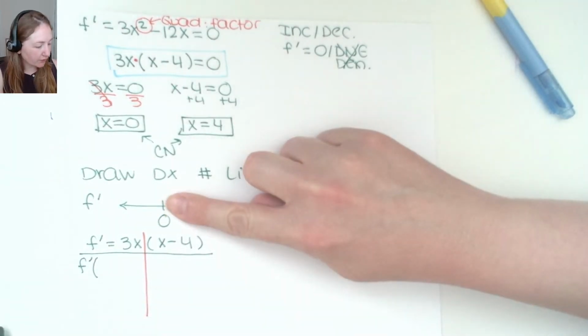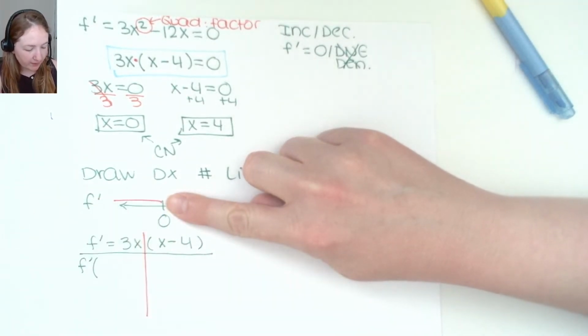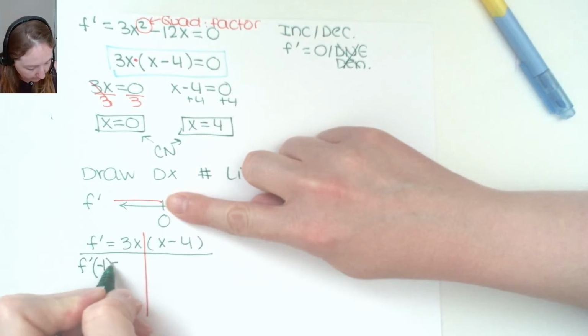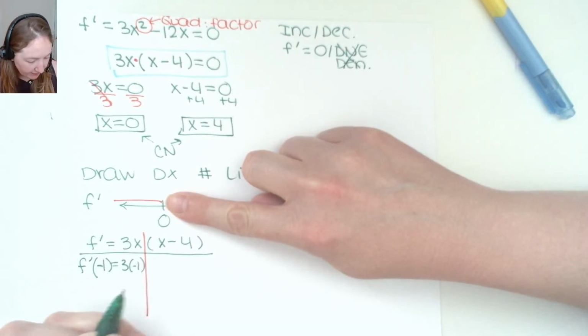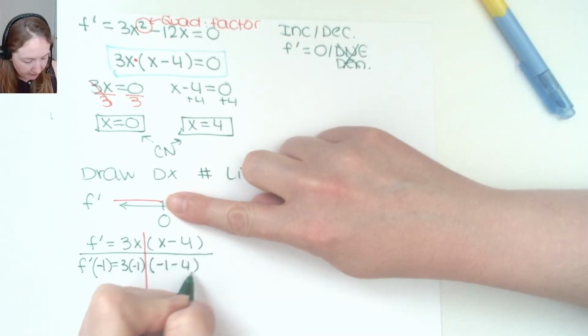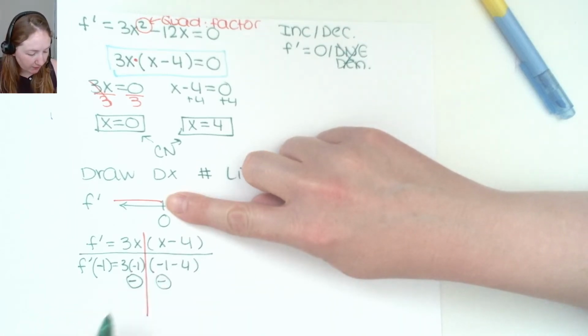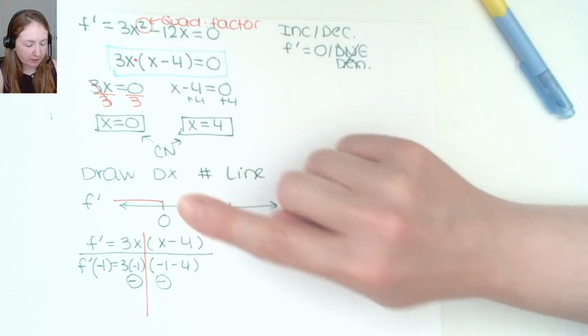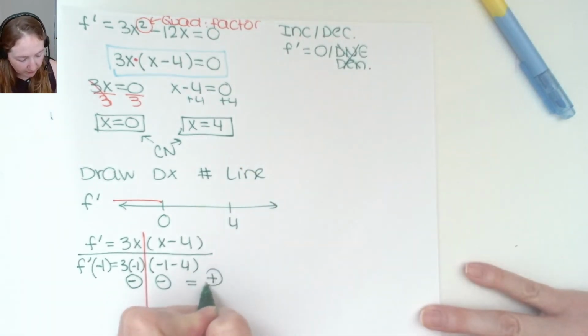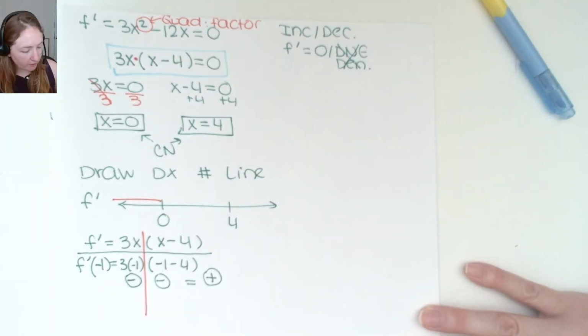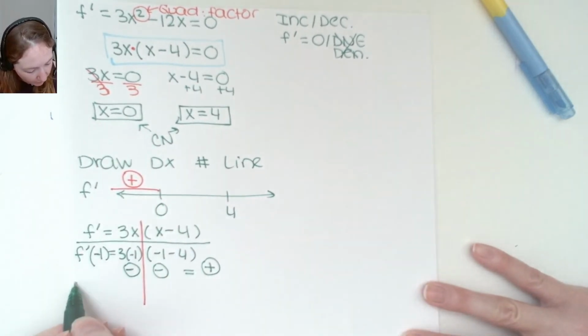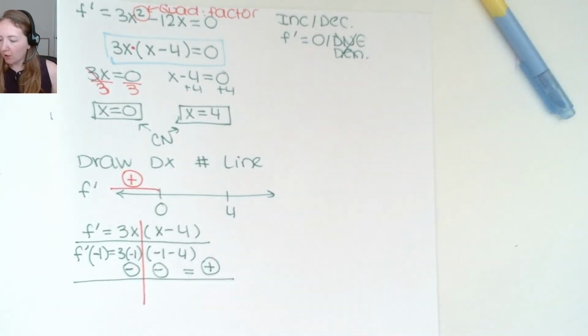So for this first interval, I will plug in maybe -1, and I have 3 times -1, -1 minus 4. So the first factor evaluates to a negative, the second factor also evaluates to a negative, so a negative times a negative will give us a positive. So that first interval is a positive. And then we go to our second interval, between 0 and 4.